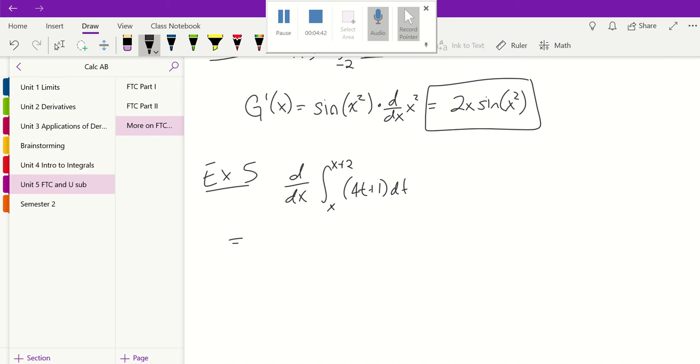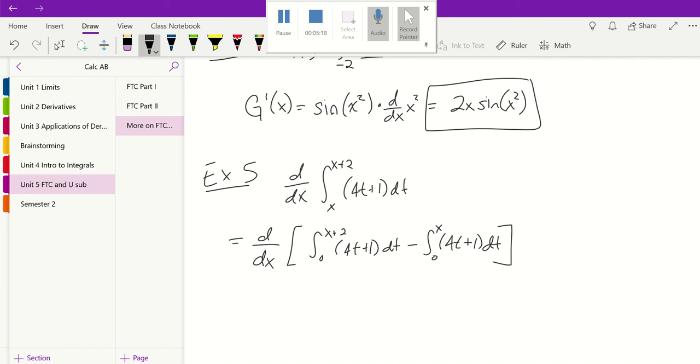We can rewrite it as the derivative of the integral from 0 to x plus 2 of 4t plus 1 dt minus the integral from 0 to x of 4t plus 1 dt. Think about why that's true. We've done examples where we've broken integrals up like that before, especially in our proof of the second part of the fundamental theorem. So think about how that works out.